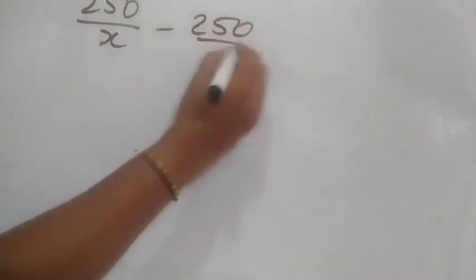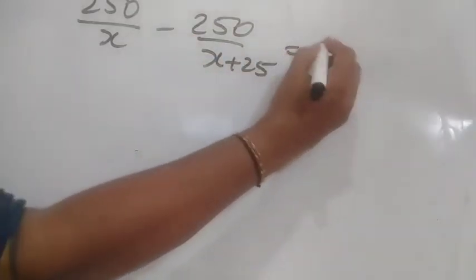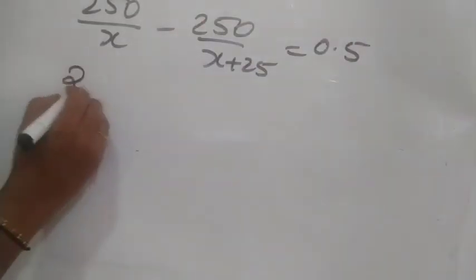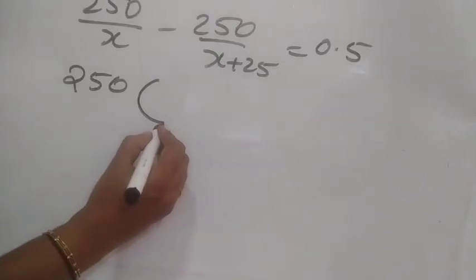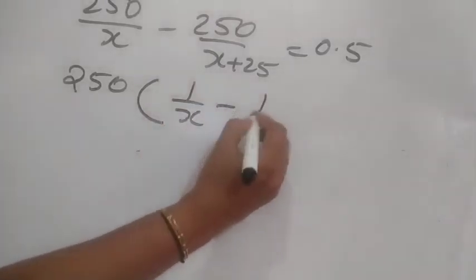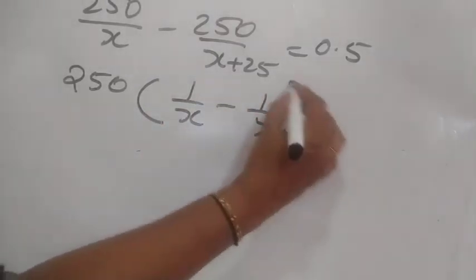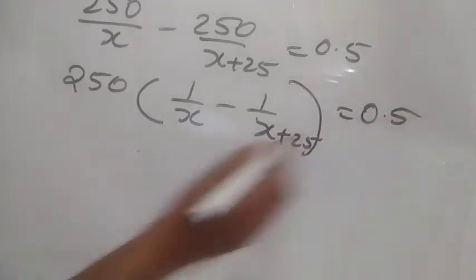So the difference of the shares is rupees 0.5, that is 250 divided by x minus 250 divided by x plus 25 gives 0.5. Let us take 250 common outside. 250 into 1 by x minus 1 by x plus 25 gives 0.5.